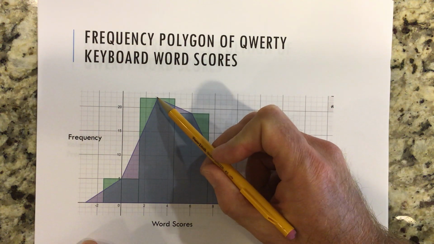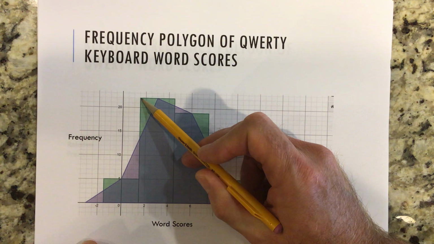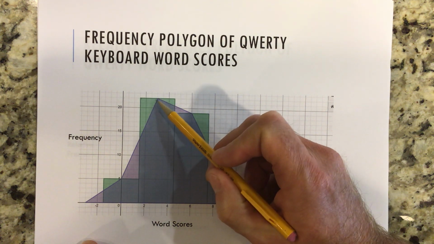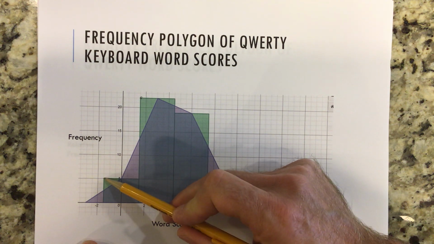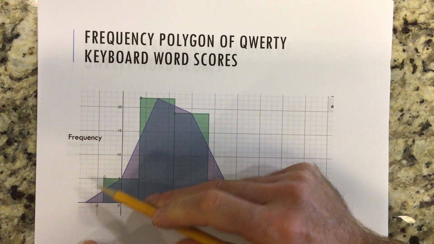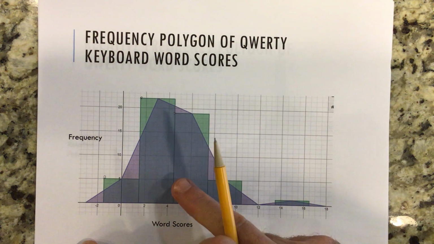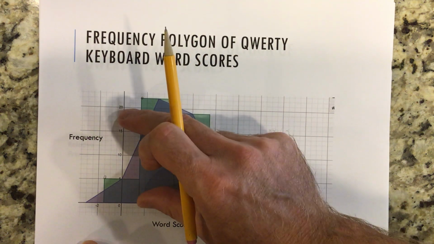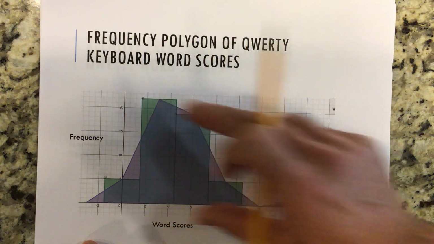Instead of using the class midpoints, they use the left edge or class boundary. So just take each one of these and shift them over to the beginning of each class, and then line those up, draw in your lines. You'll see you would actually have the exact same shape. It would just shift everything over by, in this case, 1.5 units.